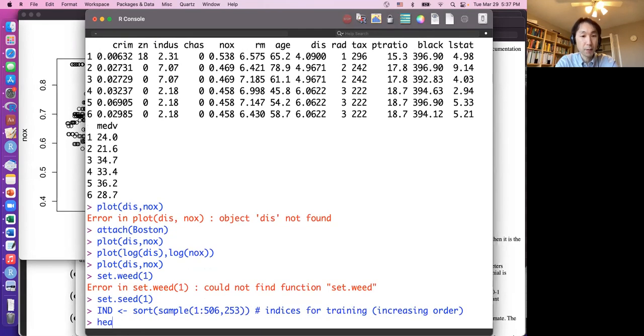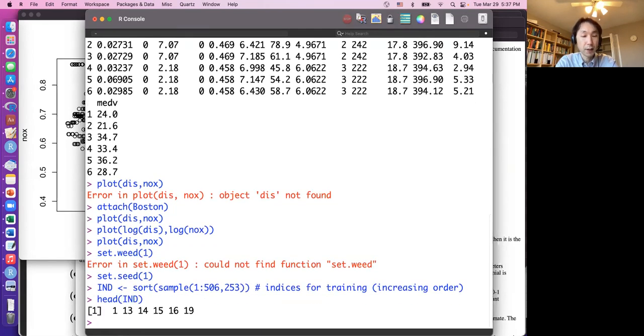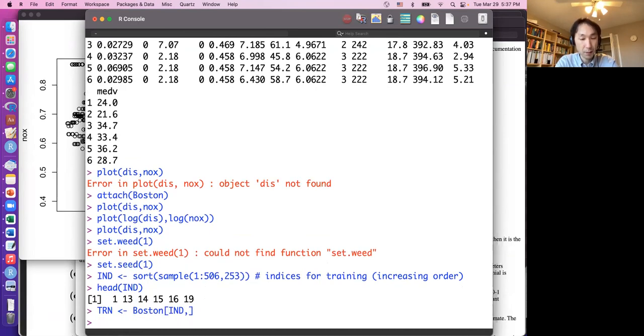For example, head of IND, you can see the first observation, the 13th, 14th, 15th, 16th, and 19th, and so on. The second to 12th observations are randomly assigned for the test. The training dataset is this Boston dataset, IND. Maybe to avoid confusion, just detach Boston, just in case.